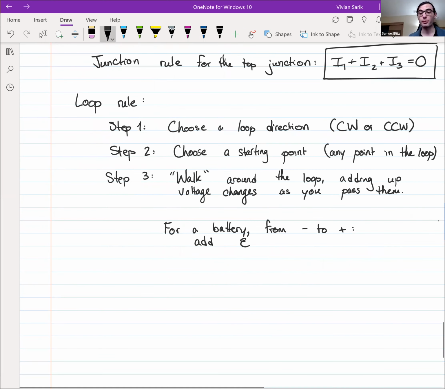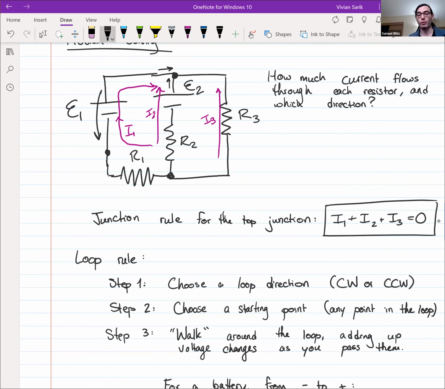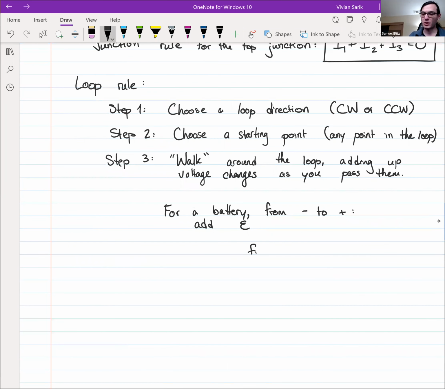If you instead go from the positive side of the battery to the negative side, if you're crossing it the other way, then you would subtract the EMF because the initial potential is higher than the final potential. So from positive to negative, you just subtract the EMF.